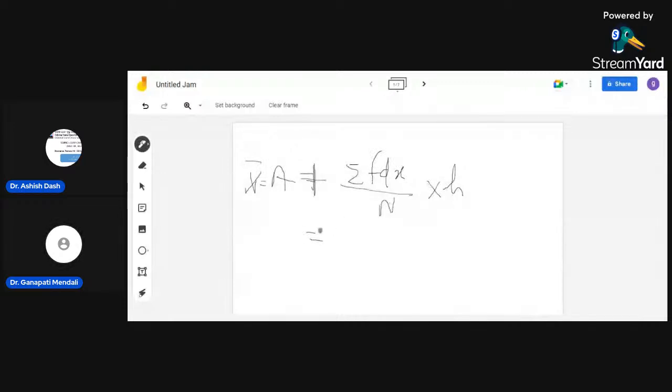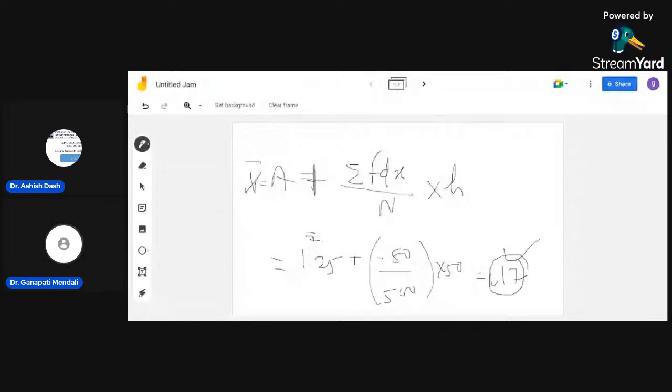So the assumed mean is 125, summation f dx is equal to minus 80, n is equal to 500, into 50. So here it is 117. I think there is some typing mistake in this solution that we will rectify.